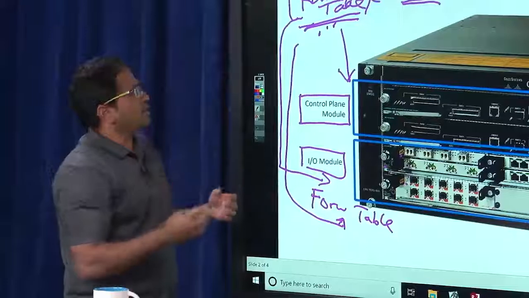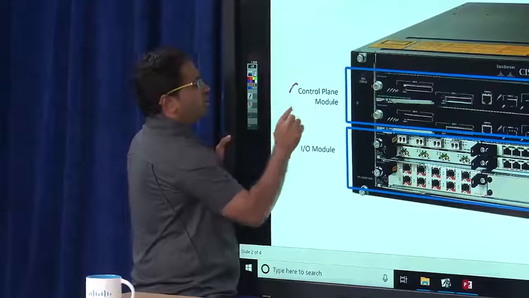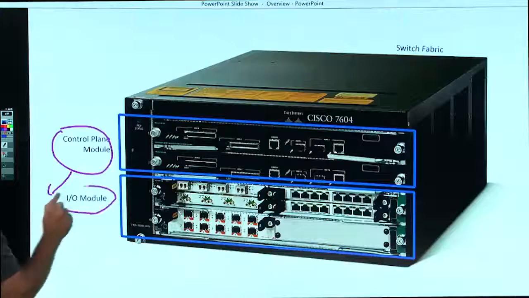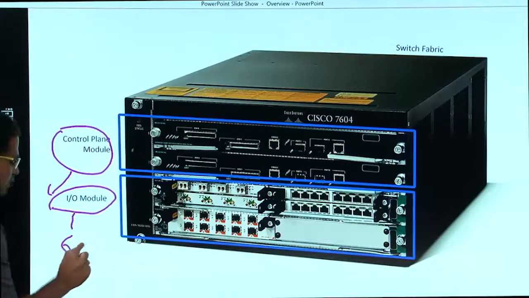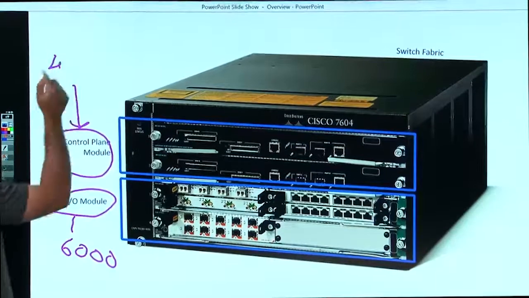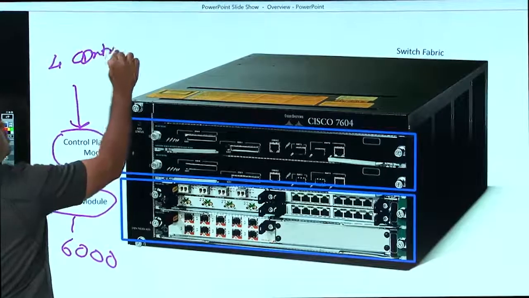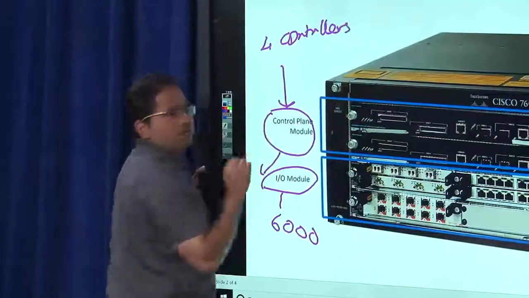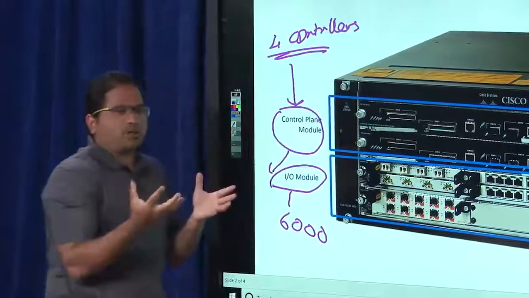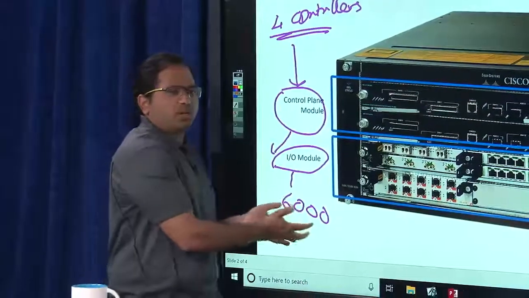By splitting the architecture, I can have a limited number of control plane modules handling all the I/Os in my network. So I could still have 6,000 I/O modules and have only maybe 4 control plane modules. Now how many routing tables do I have? I have only 4 routing tables to manage a 6,000 node network.